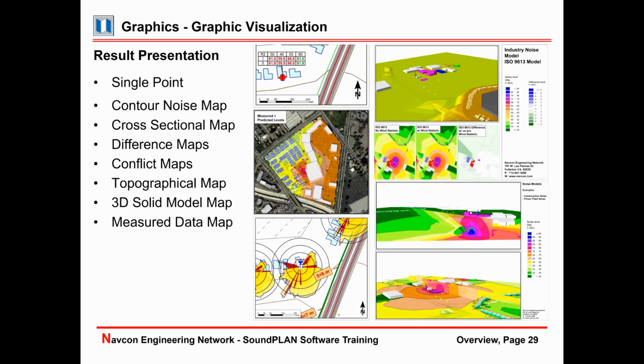We can visualize the results in terms of receivers or contour maps in the graphics. We can create these single point results with tables, contour maps with color-coded maps that visualize the topography or certain noise predicted levels for daytime, nighttime.